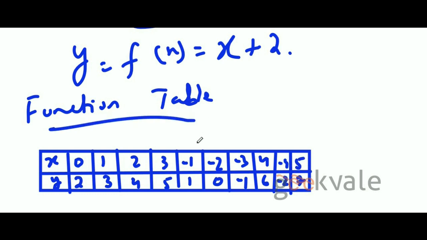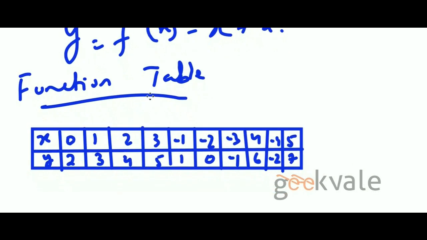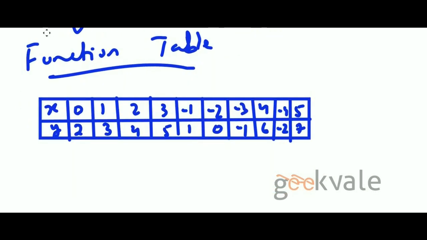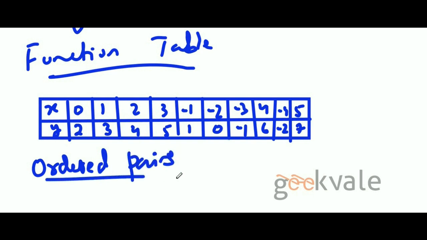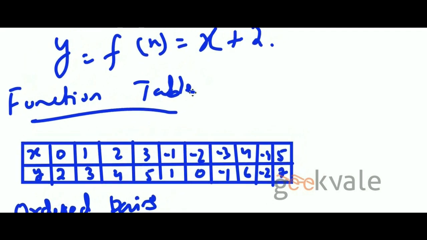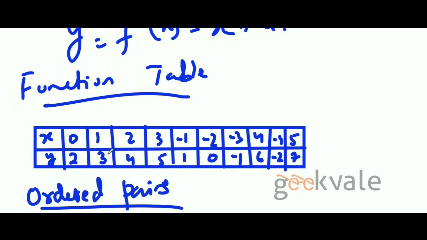This representation is what you call the function table. Another representation is what you call the ordered pairs. The ordered pairs are drawn from this function table, or you can use the function rule to get the ordered pairs. How? Let's look at that.